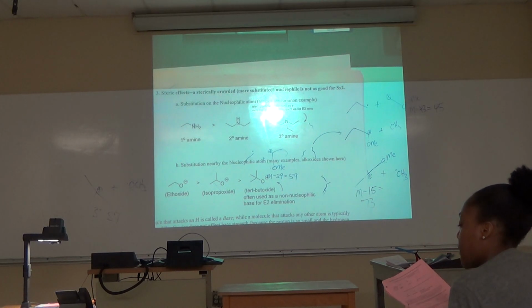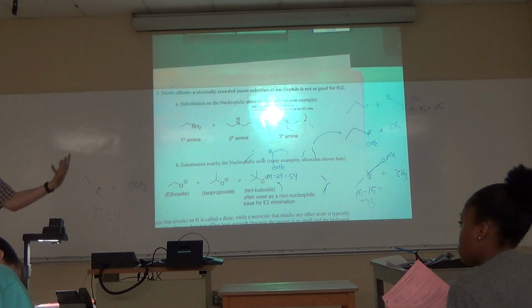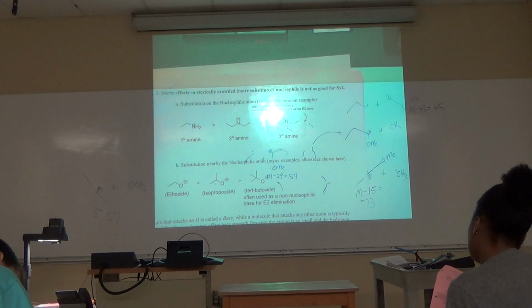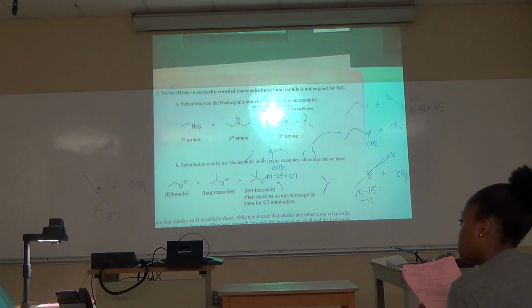Why? Because when something attacks an H, the H is so small that the sterics of the base doesn't matter as much. But more importantly, there's a difference between how you attack an H and how you attack a carbon with a leaving group. How do you attack a carbon with a leaving group?